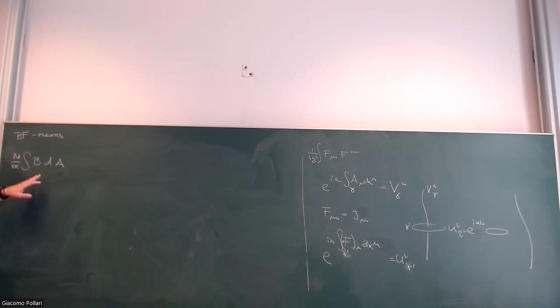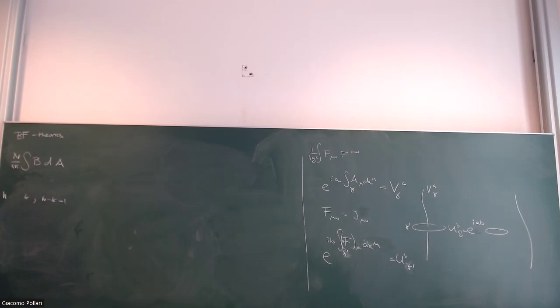And here I need to tell you what dimensions I'm in and what are these B's and A's, right? So in general, in dimension n, these two forms need to add up plus one to the dimension of the space, right? Otherwise they can't integrate. So it could be a k-form and an n minus k minus 1 form, right?